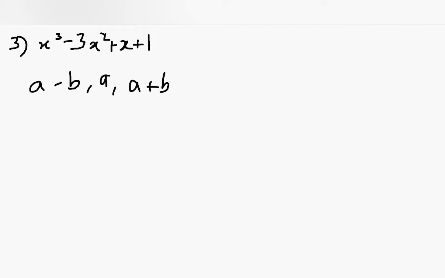Now the next one, if the zeros of the polynomial are this and this, find a and b. So the polynomial given is x cube minus 3x square plus x plus 1. So this is the polynomial, and the zeros are a minus b, a and a plus b. So the simplest thing we can do now is we add the zeros and we multiply the zeros.